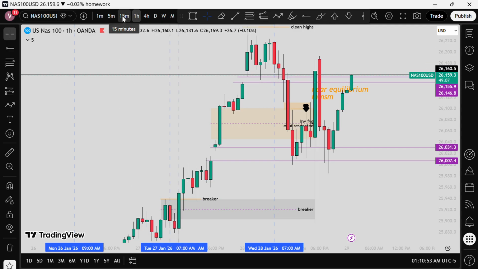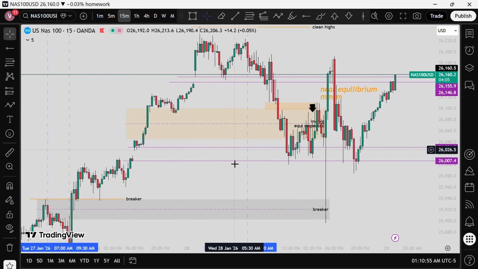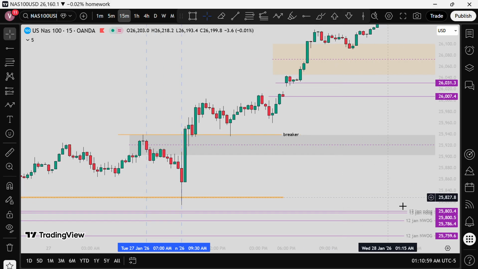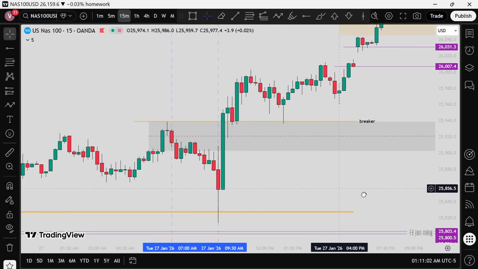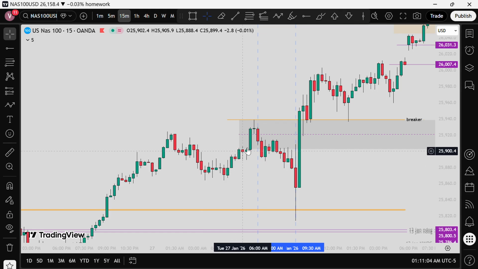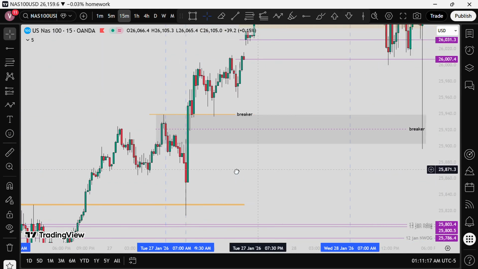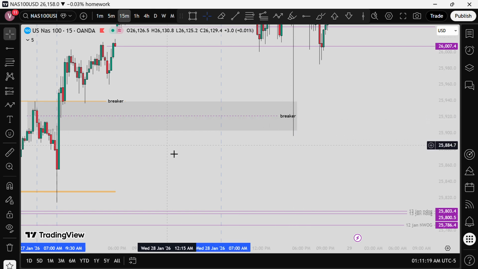Let's go to 15 minute. You'll be able to see this breaker clearly here. See, this is the swing low which got taken out later, and then these are the two green candles which we are considering as a breaker block, and we are extending them ahead.